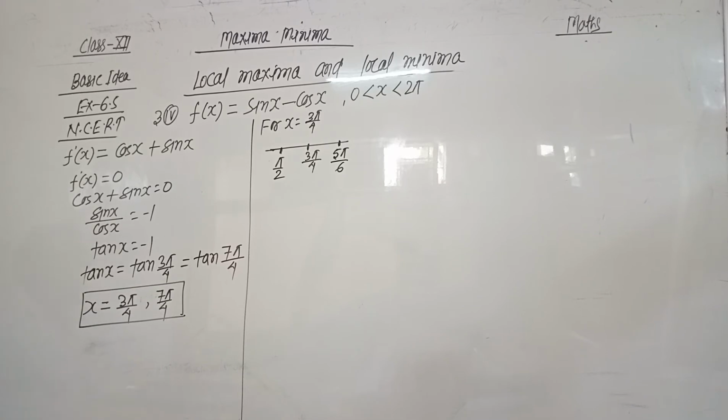So we have taken two values, pi by 2 just before 3 pi by 4 and 5 pi by 6 just after.